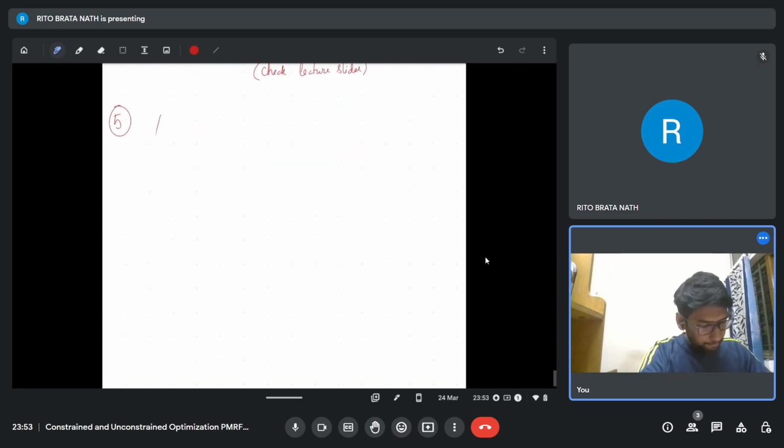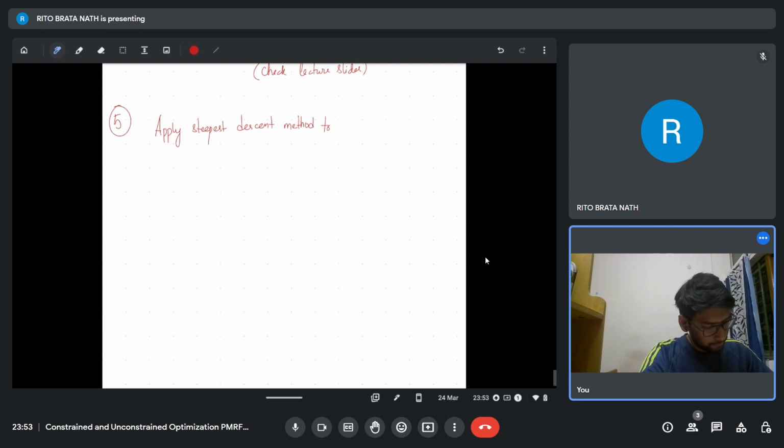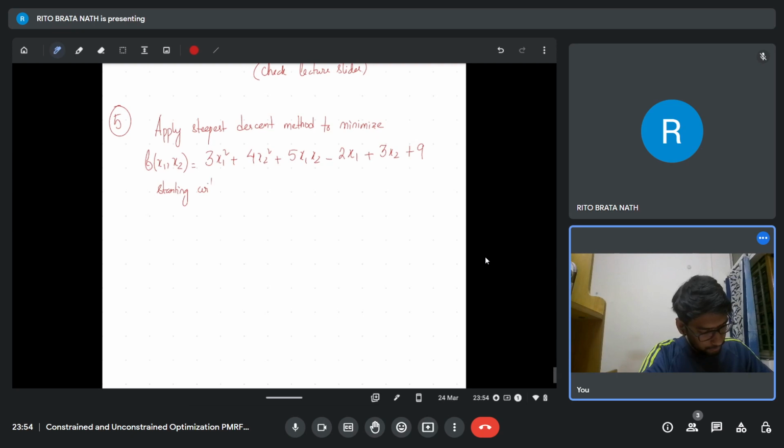The problem given is: apply steepest descent method to minimize f(x1, x2) equals, say, 3x1 squared plus 4x2 squared plus 5x1x2 minus 2x1 plus 3x2 plus 9, starting with x1 equals 1.